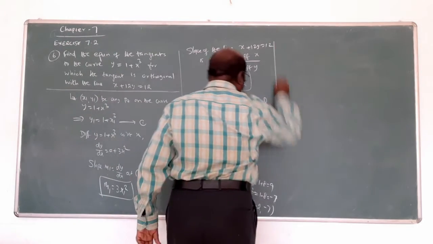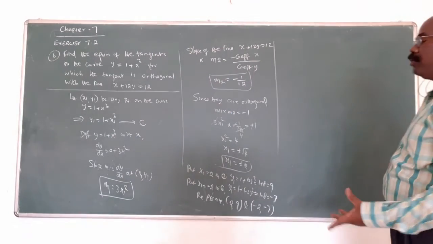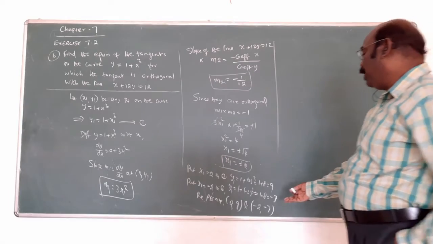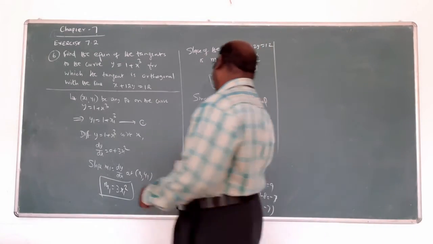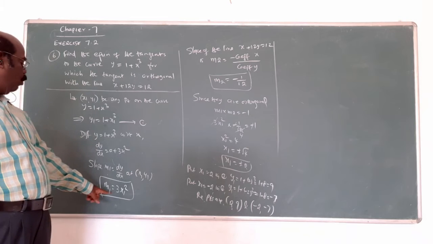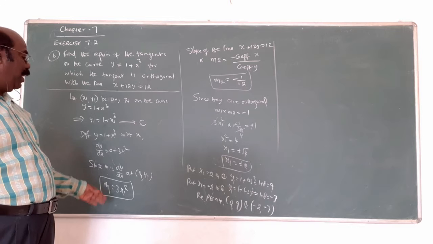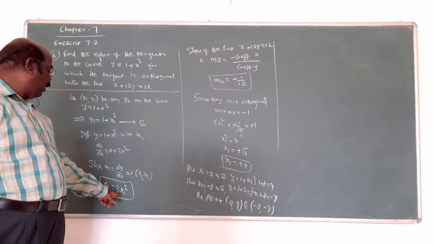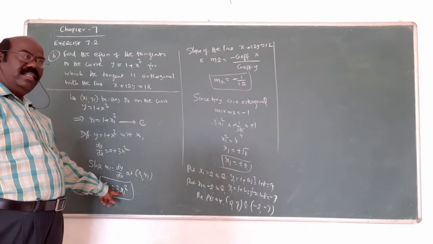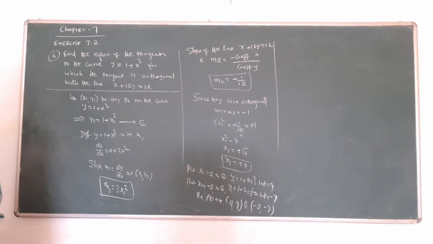The first one, what is the slope actually? Slope, you know. Substitute the point here. That is slope m1. What is the first point? 2, 9. When x equal to 2, it is 3 into 2 square. 2 square is 4, and 3 fours are 12. The slope is 12.